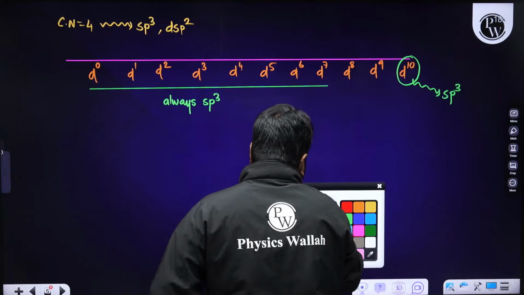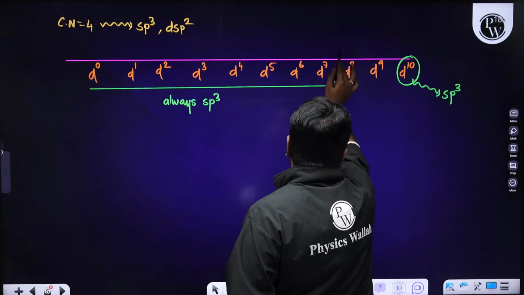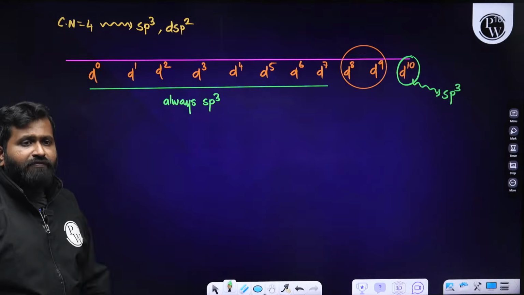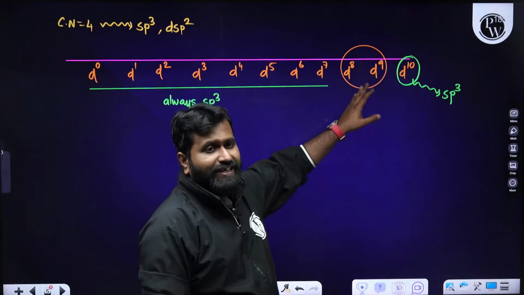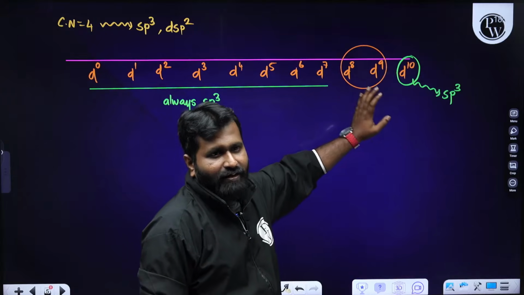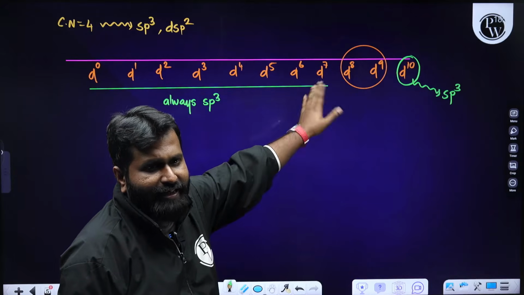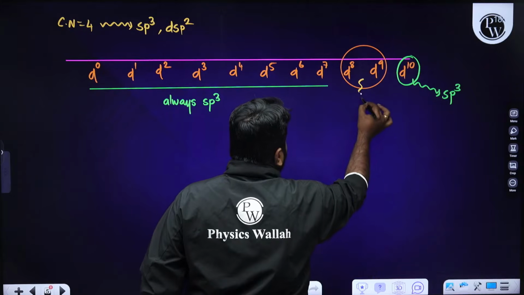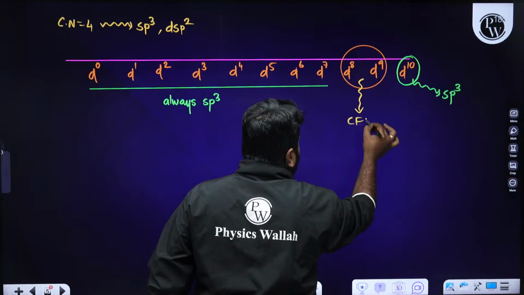As we discussed for coordination number 6, when it comes to coordination number 4, we need to apply the shortcut when we are dealing with d8 and d9. What is the shortcut? Apply CFT theory.